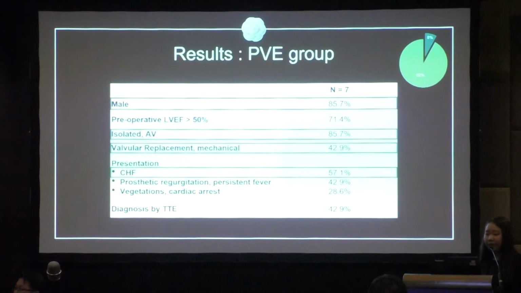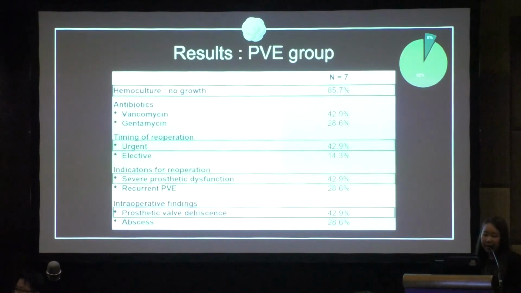Mostly they were male, and the isolated aortic valve was predominant again. The mechanical valve was around 42%. The presentation was congestive heart failure in more than 50%. Surprisingly, the hemoculture showed no growth in more than 80%.